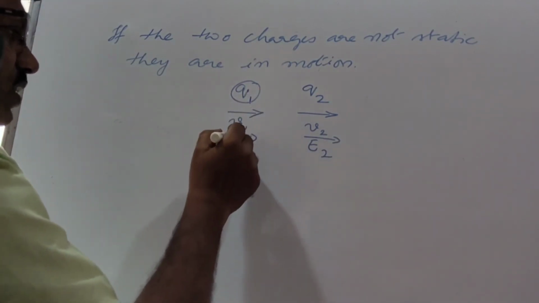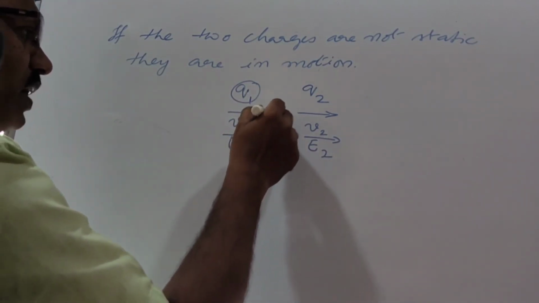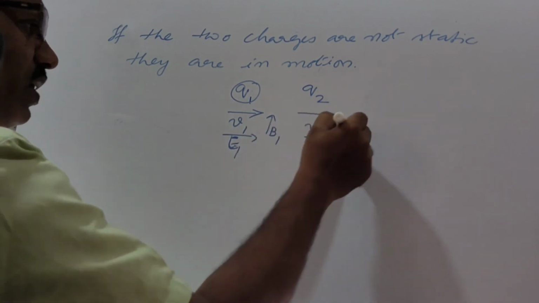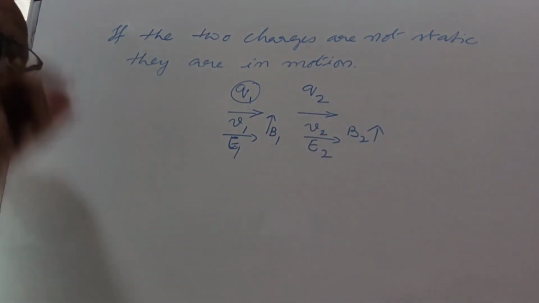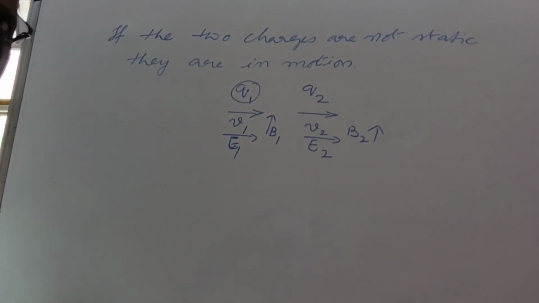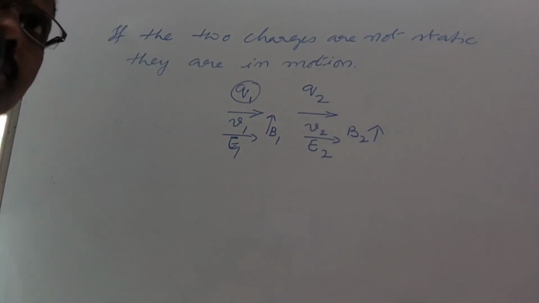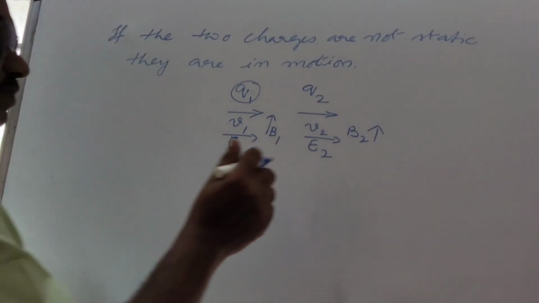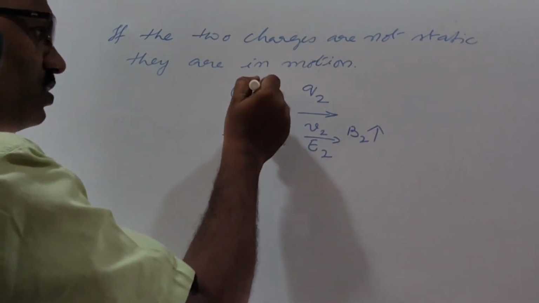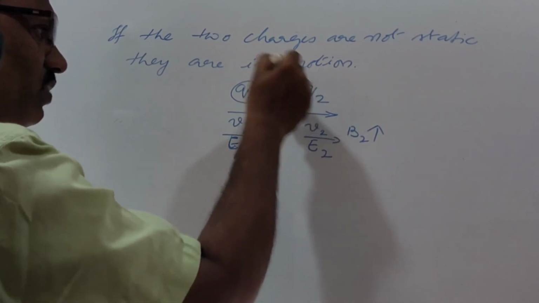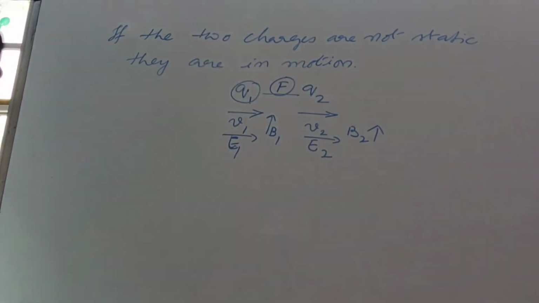But with the electric field we have magnetic field B1, and here also magnetic field B2, in the perpendicular direction. These two magnetic fields will affect the electrostatic force between the two charges.